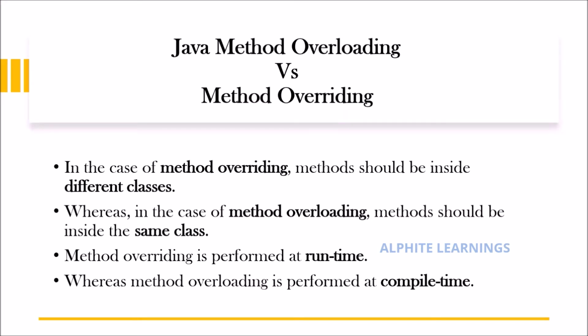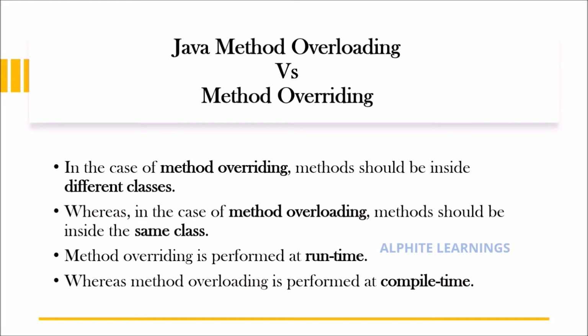So it should be present in different classes for overriding. Whereas in case of overloading, the method should be present inside the same class, for the method without argument and with two arguments, right? We have tried it already. Hope you all remember it.